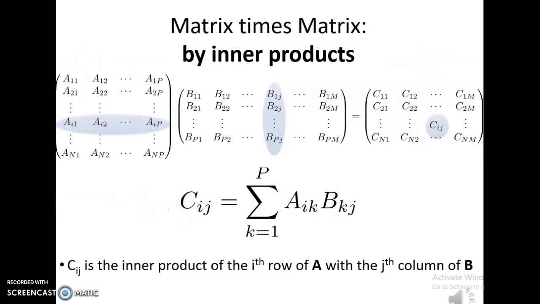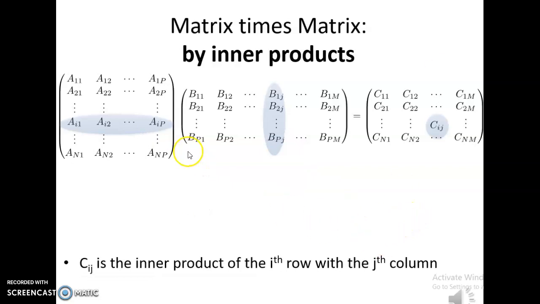Cij equals the summation of k equal to 1 to p of aik times pkj.